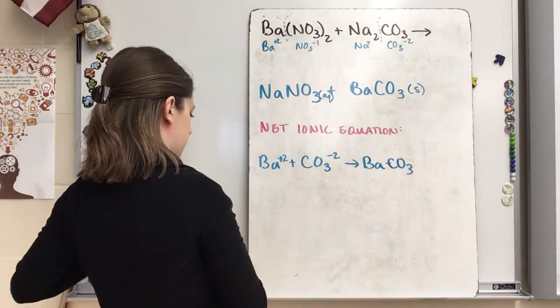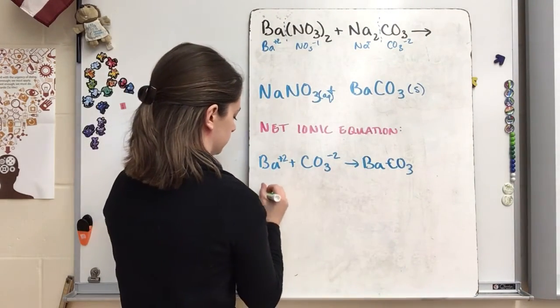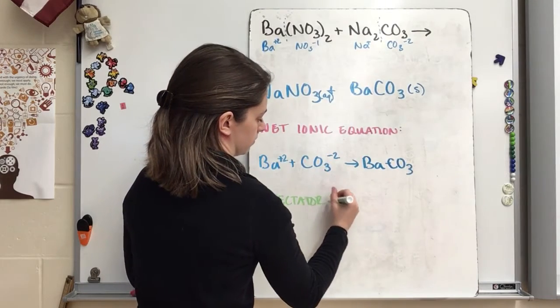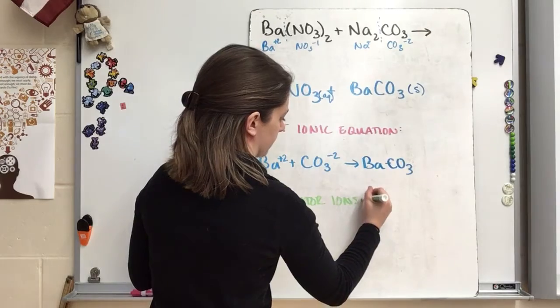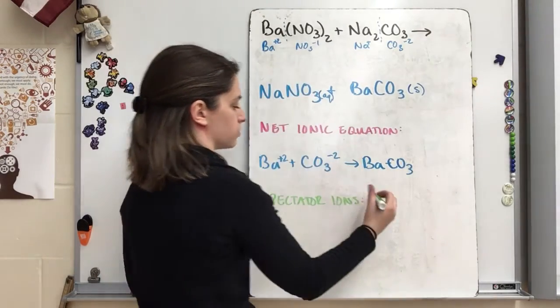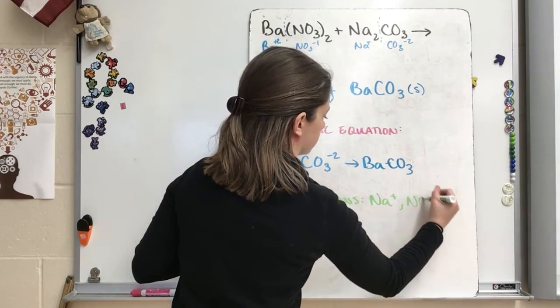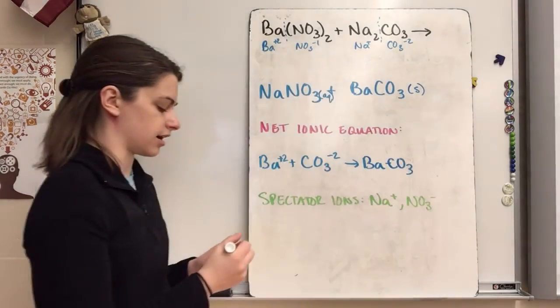Which means my spectator ions are going to be the other pieces. So sodium is a spectator ion, and nitrate is a spectator ion.